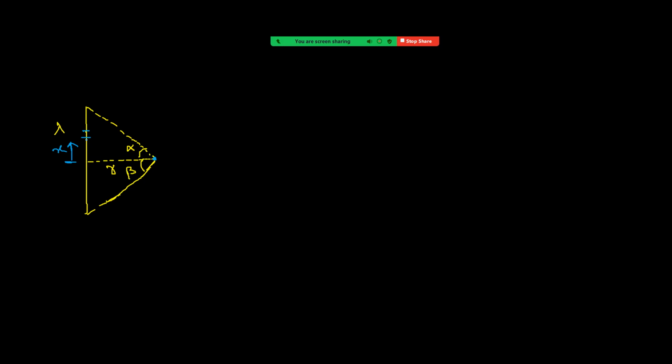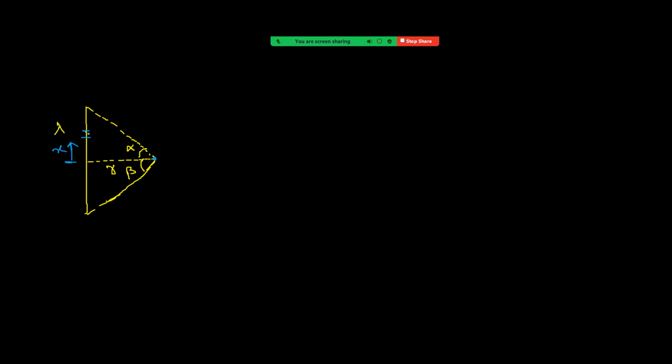Now, why are we taking a small element? If you want to apply Newton's inverse square law of gravitation, there must be 2 point masses. This wire is not a point mass. So to get a point mass, we are taking a small element, okay? Now having 2 point masses, this point mass is attracting that point mass, right?